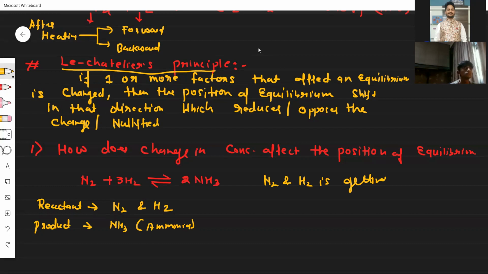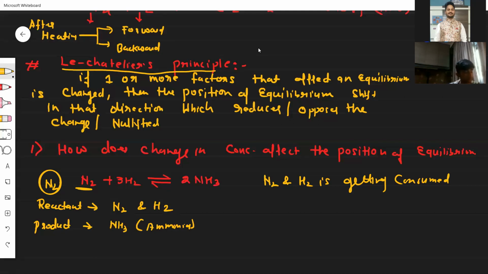Now the thing which gets consumed, if you increase that amount, the reaction is going to go forward. In this particular reaction, if you have added more nitrogen gas, the amount of nitrogen got more, so equilibrium is disturbed.